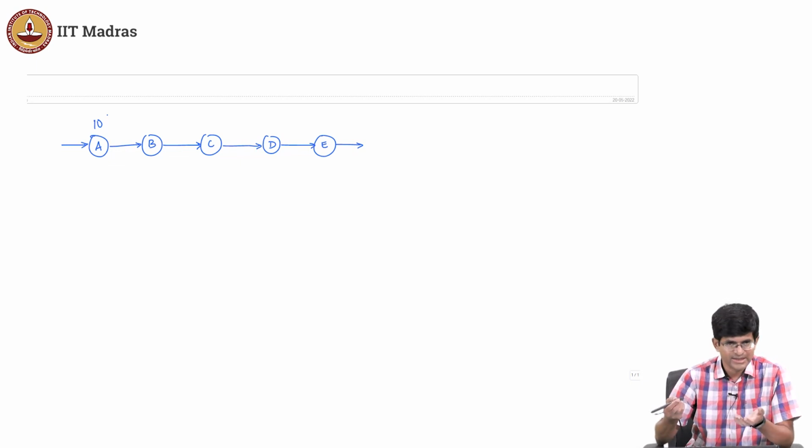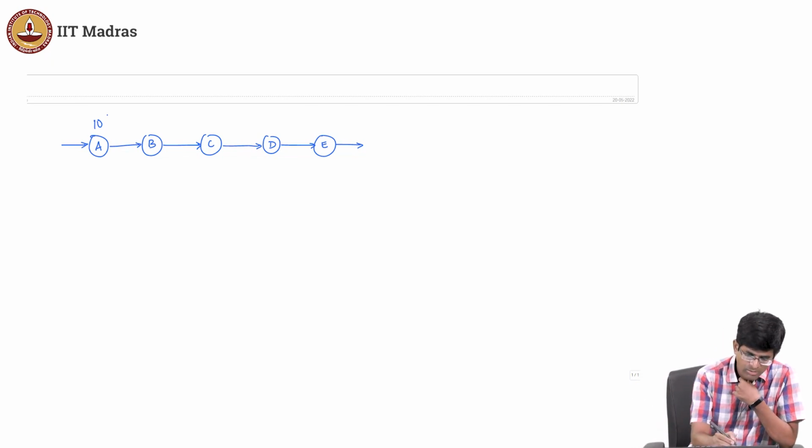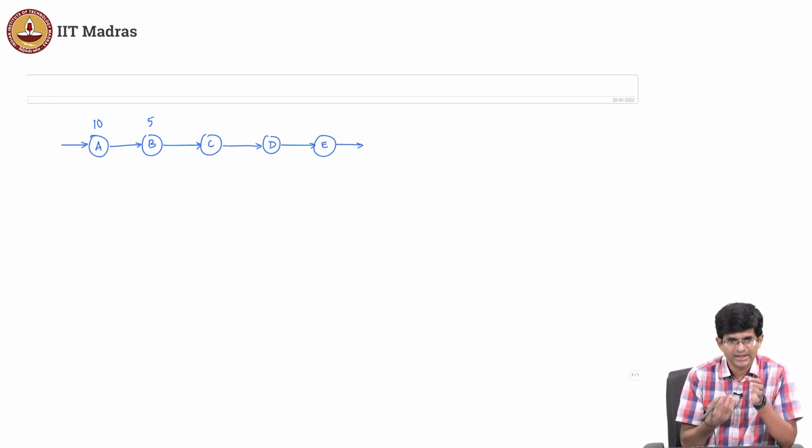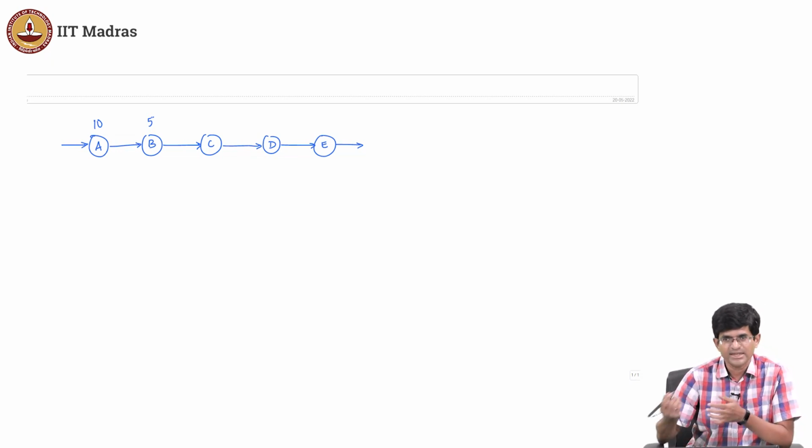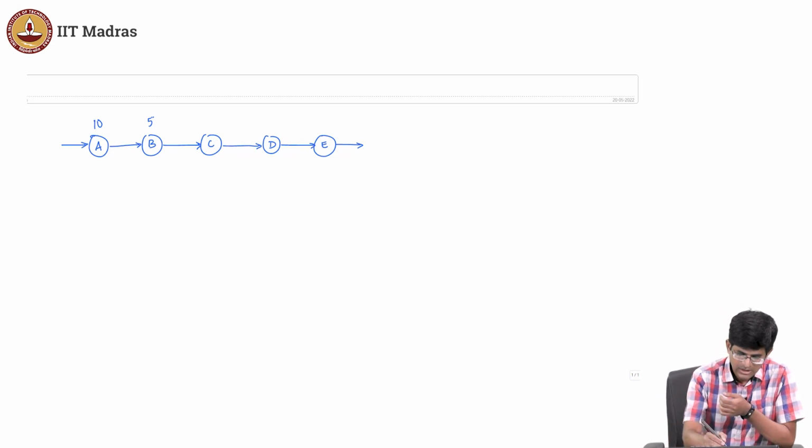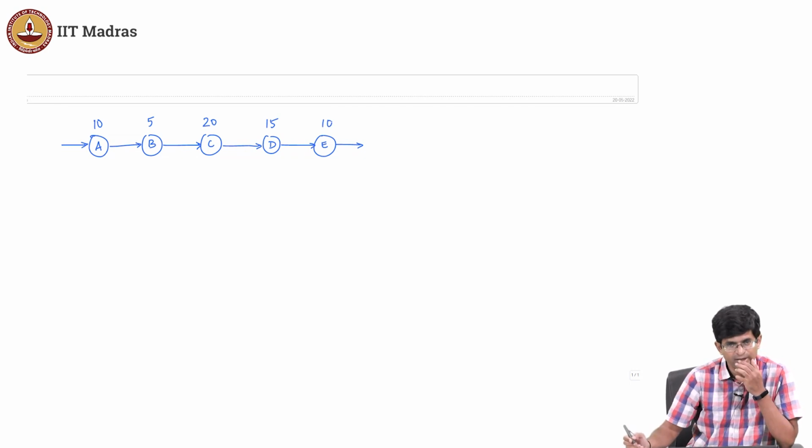Over here, nanoseconds does not make sense, but neither does seconds. So, just 10 time units, I do not care what, okay. What about B? Let us say that B takes only 5. In other words, for each piece of data that it gets, it does something in 5 time units and generates an output, okay. C takes 20, D takes, let us say, 15, and E takes 10 again, okay.